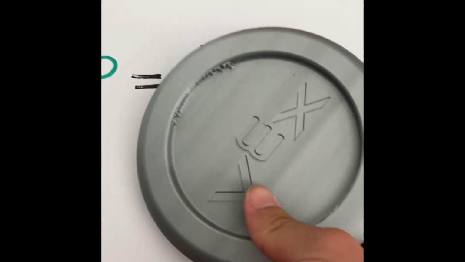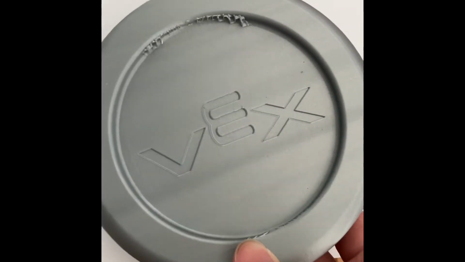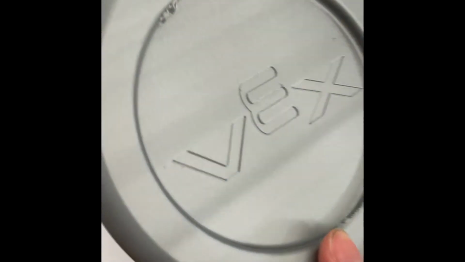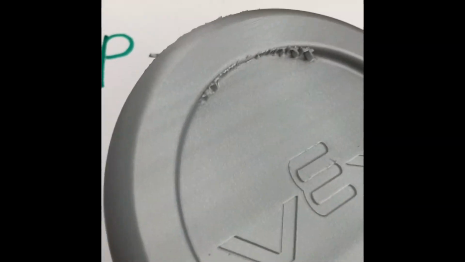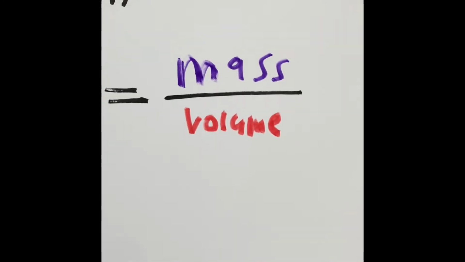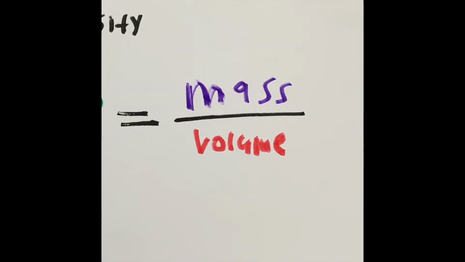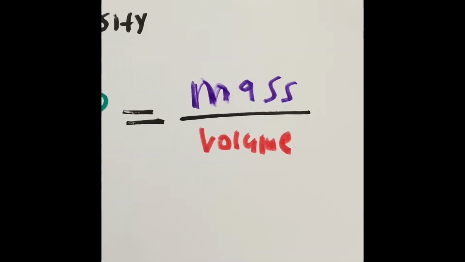Like, here's a 3D printed version of one of the frisbees in one of the Vex games that we play for Vex Robotics. You can see there could be trillions or billions of particles in this thing. That is the mass, and we measure the mass in kilograms in the metric system.